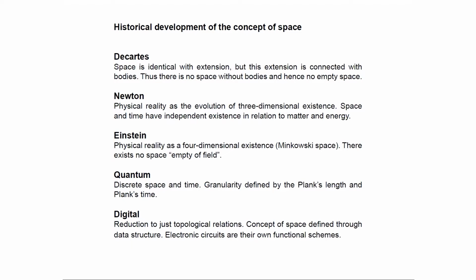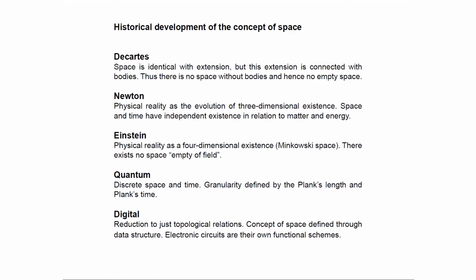Then digital also brings us to this reduction to topological relations. The way that geometry is represented, and the way that things exist in the digital realm, in computer memory, is in a way topological in nature.